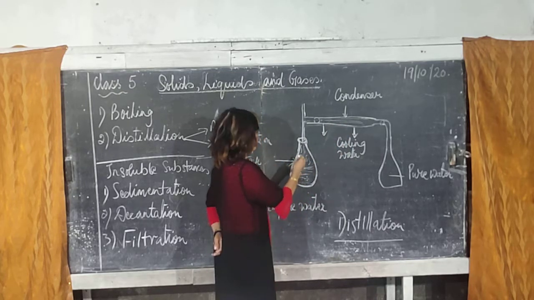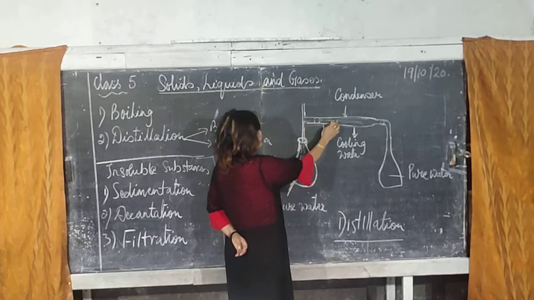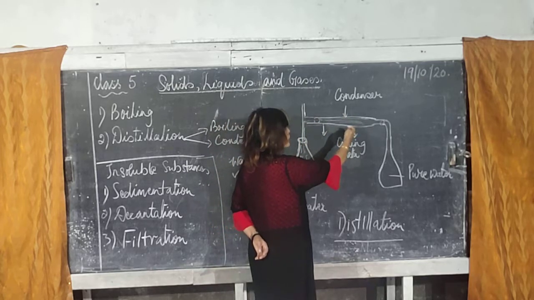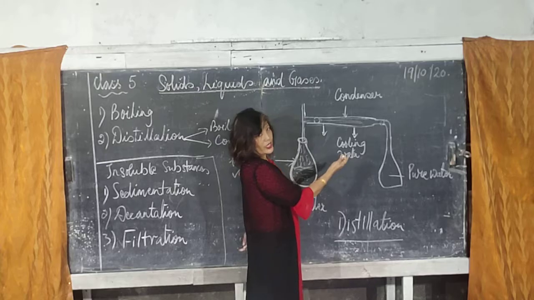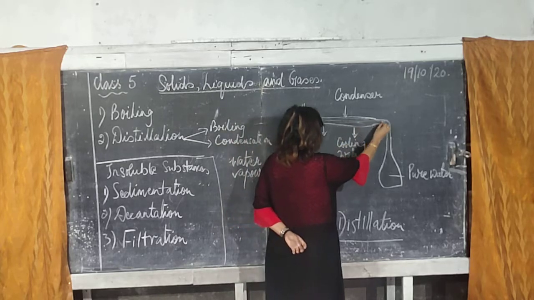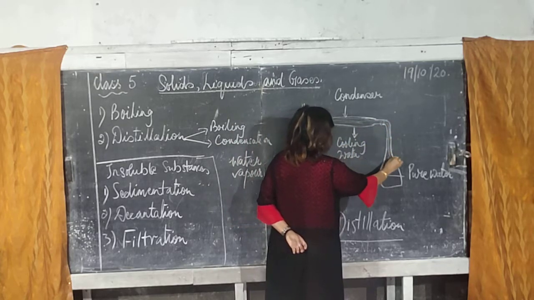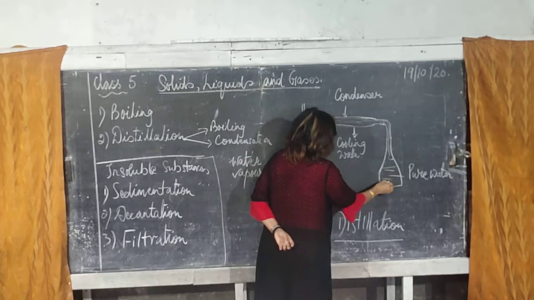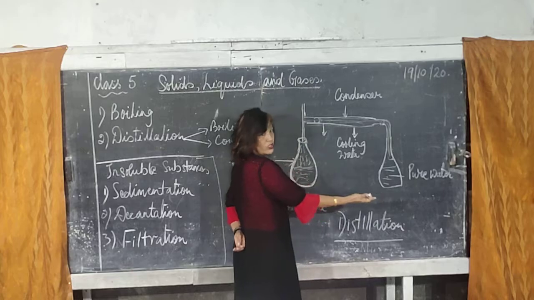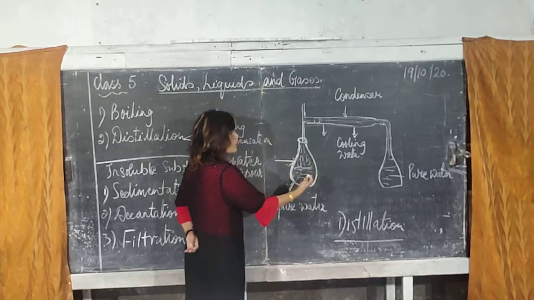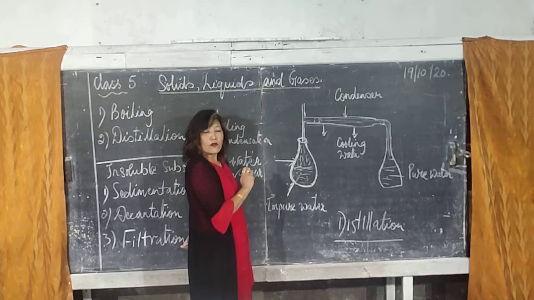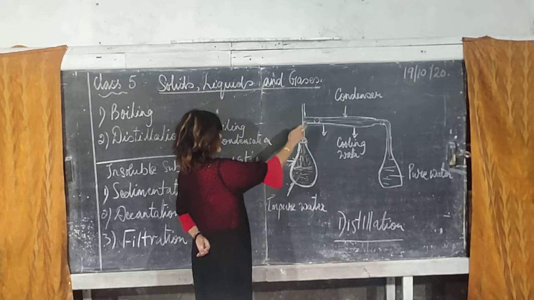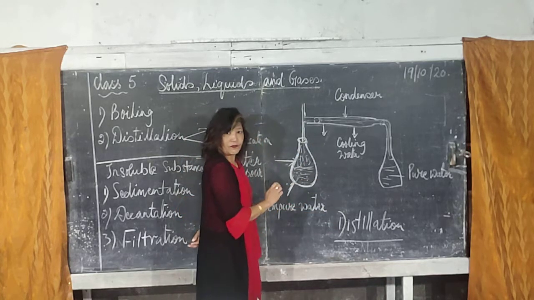So when the vapor passes through the condenser, it changes into water on cooling, and that water will be collected in another flask, another jar, and that flask contains pure water. So this is how the pure water will be separated from impure water by the process of distillation.